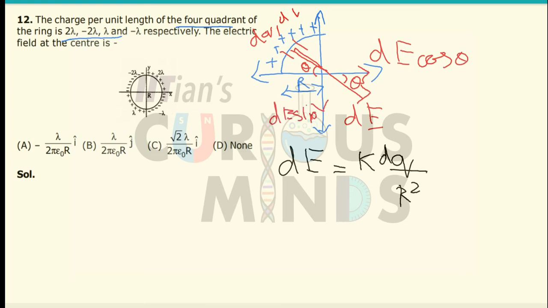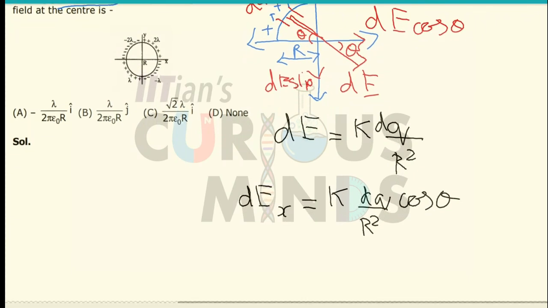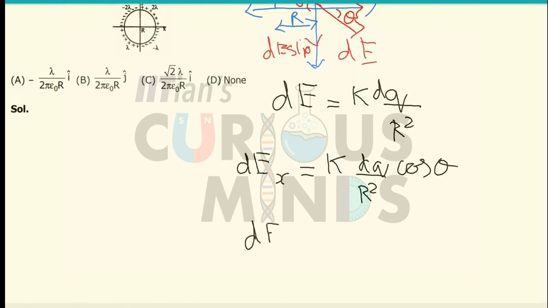So its component along the x direction, let me write this as dEx, will be equal to k dq divided by r square into cos theta. And similarly dEy will be equal to k dq by r square into sin theta. Both of them will come out to be the same when I integrate this part.